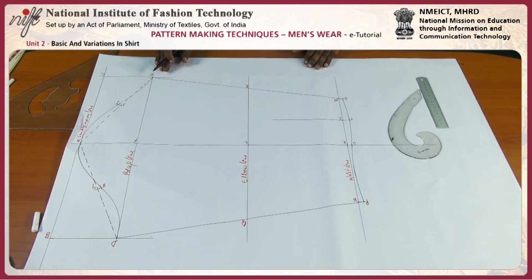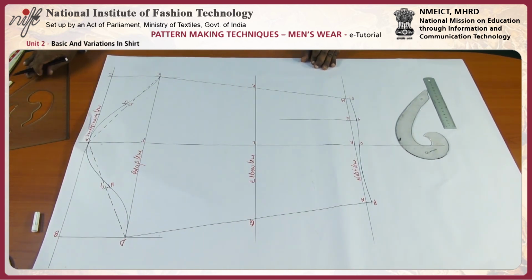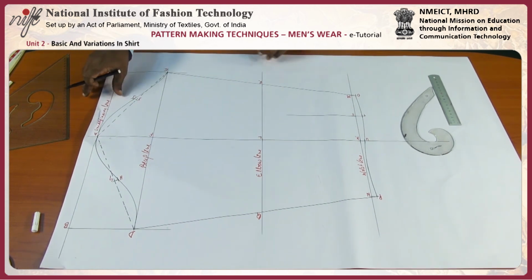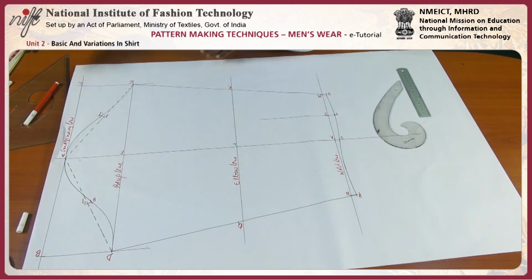Now let us move to placing the sleeve pleats. T to V is 3 centimeters.